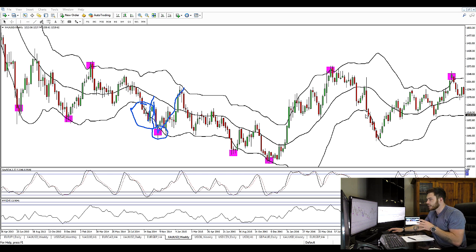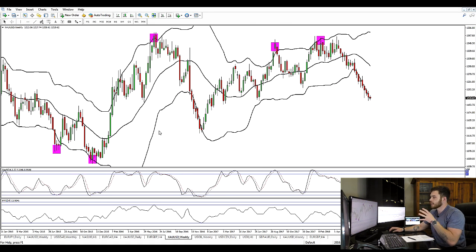Now we can see over here, there is a period of time in 2016 where price stayed below that level for 1, 2, 3, 4, 5, and almost 6 weeks, but then recovered perfectly all the way back up above that level, moved a little bit lower, but then recovered all the way to the higher level of that Bollinger Band.